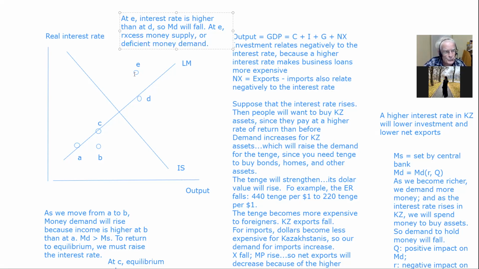So given that interest rate, what has got to happen to bring us back into equilibrium? Decrease output, decrease interest rate. But we will assume that the interest rate is a given.